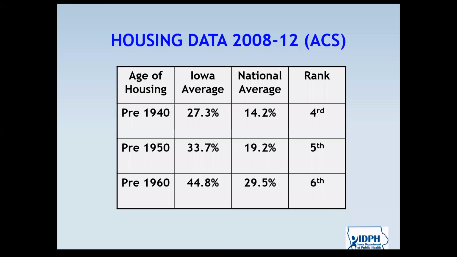According to the American Community Survey, which stands for ACS, there has been a slight change in the rank of pre-1940 homes, because in 2000 we used to rank third versus fourth between 2008 and 2012. But we still see that our percentages here are higher than the national average, which means that we do have a big problem here of lead poisoning in Iowa.